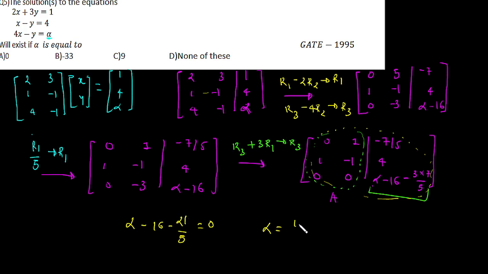So we are getting 101 divided by 5. So we got the value of alpha for the system of these three equations. Now check the options. Okay, none of the options is given in this form. So we have to choose option D, none of the above. D is the correct option for this question.